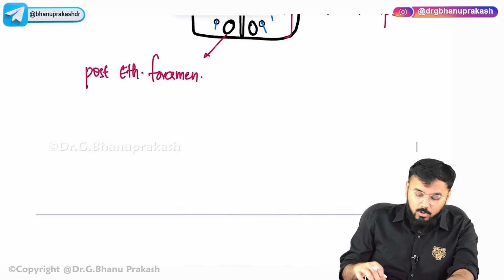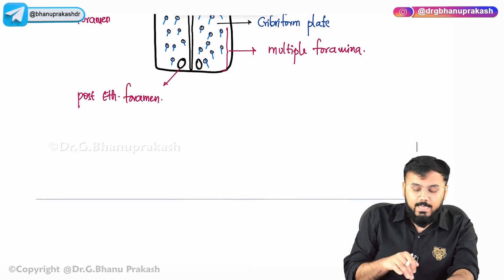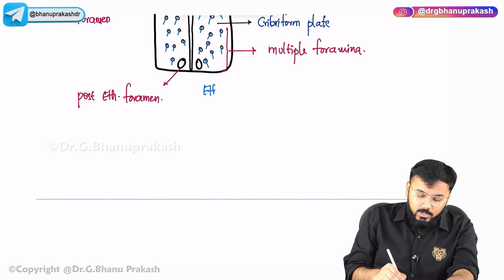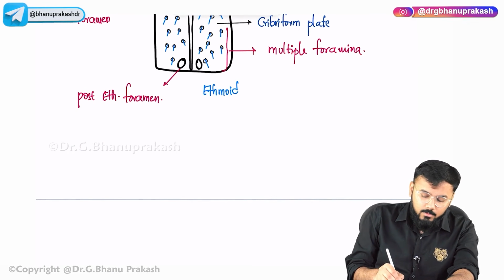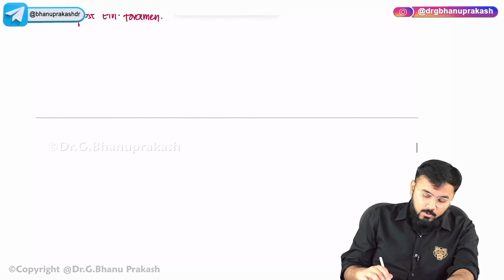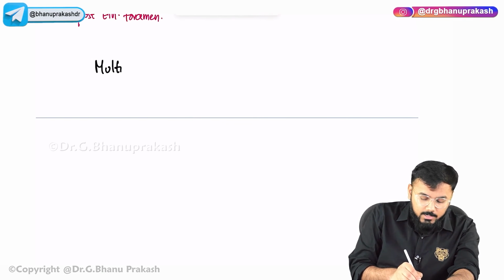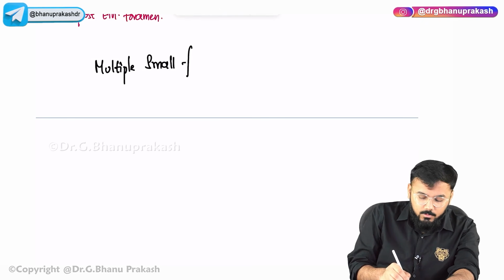So let us write down all these things over here. And by the way, what is this entire picture which I have drawn? This is your ethmoid bone. Okay, so first, what are the foramens which we have over here? We have got multiple small foramina.